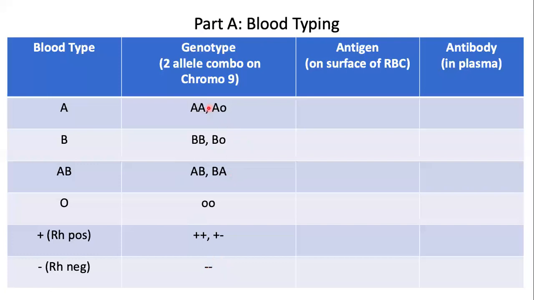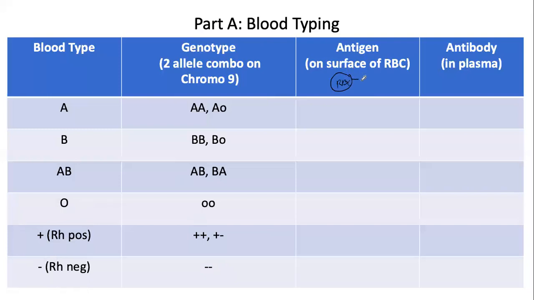So since we have these genes or these codes on our chromosomes, these are actually going to code for the antigens that are on the surface of the red blood cell. So let me draw you a picture. This is so weird, you guys doing it on a PowerPoint compared to in a classroom on a whiteboard. Okay, so here's my red blood cell, right?